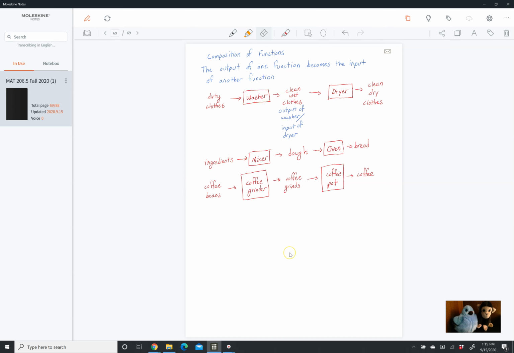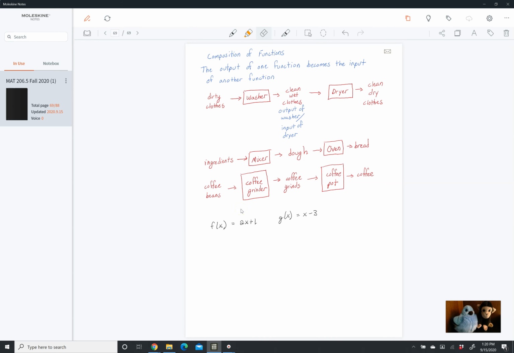Okay, so how did this work? Let's take this using numbers. Let's take functions, mathematical functions. Let's say that we had f of x is equal to 2x plus 1, and g of x is equal to x minus 3, okay?